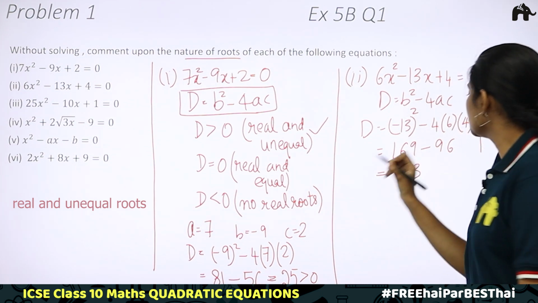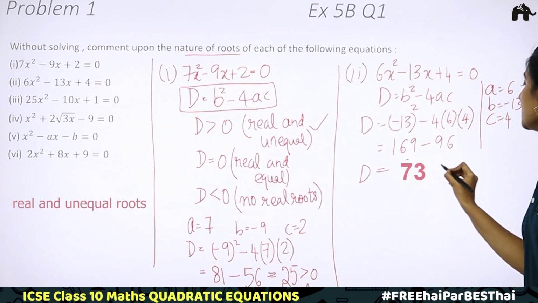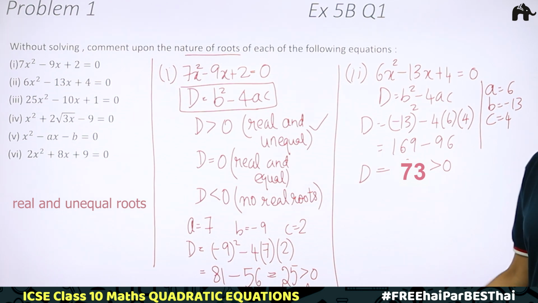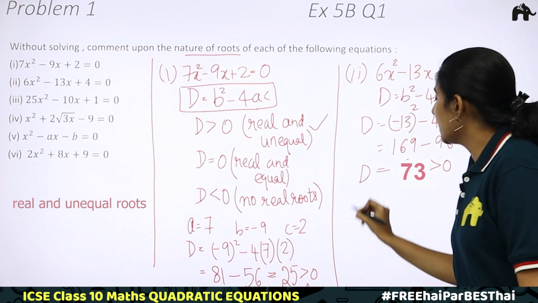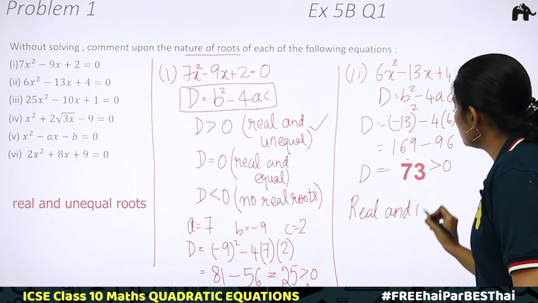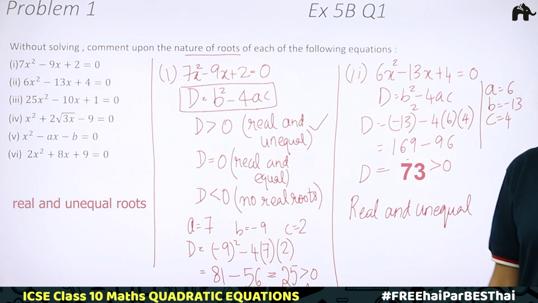Again a positive number, it is greater than 0. 73 is greater than 0, which means discriminant is greater than 0. Here again we have real and unequal roots. Clear?